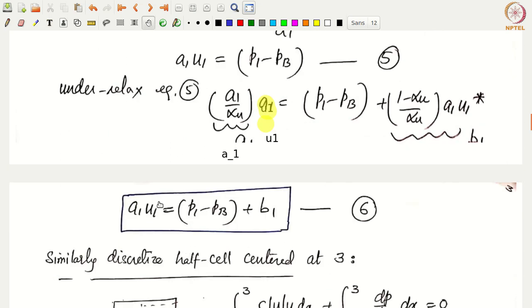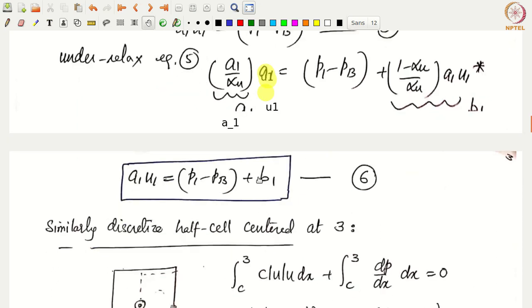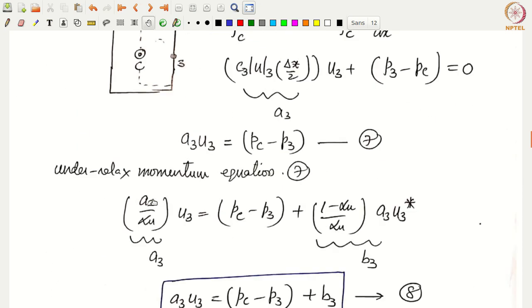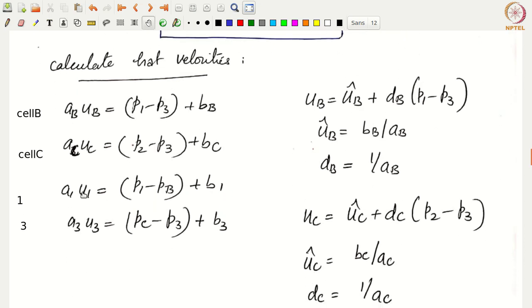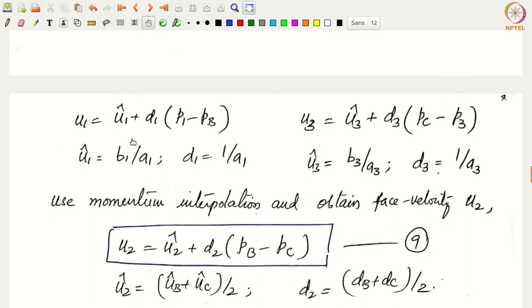So U1 prime equals, we would neglect this guy, right, because if you go back to this one, the corresponding equation is here. So U1 prime equation here will be U1 prime equals, this will be neglected. So as a result, what you get is P1 prime minus PB prime, right, because this is neglected in SIMPLE.